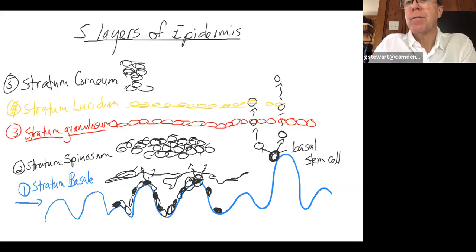As these cells, they're dead, as we go up to the very surface of the skin, they get super flat. They're actually stratified squamous epithelial cells. And you know from our epithelial tissue lecture, stratified squamous epithelial is usually for protection.